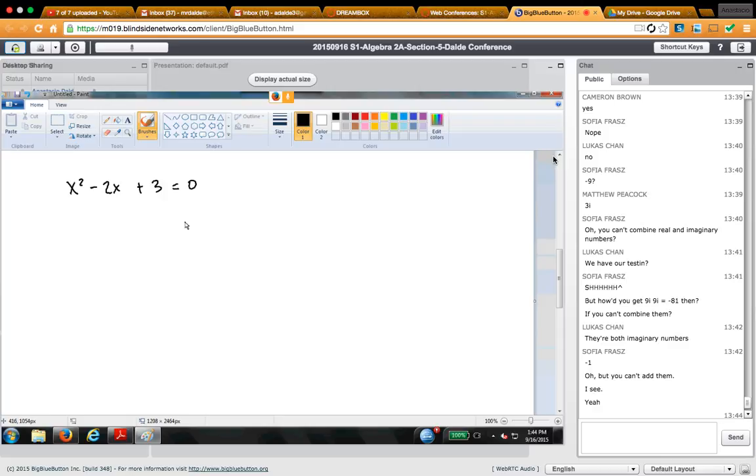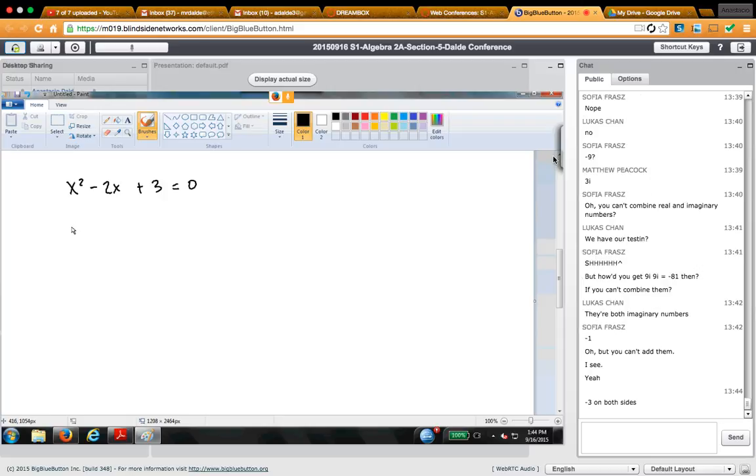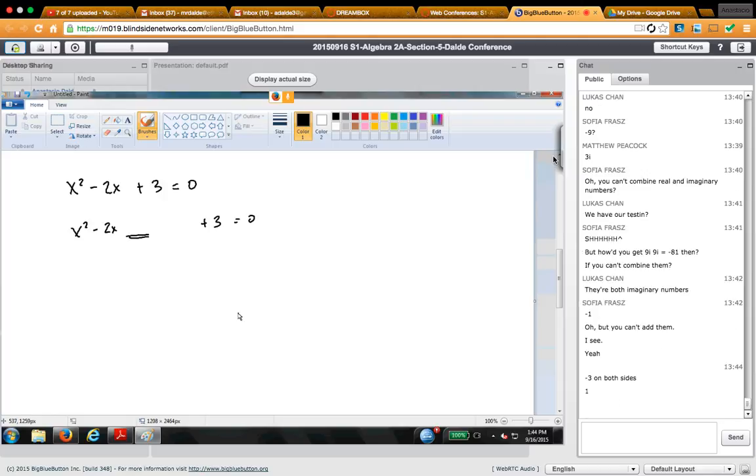We add a big space. x squared minus 2x, big space. Then what number should I add here? One. Very good.